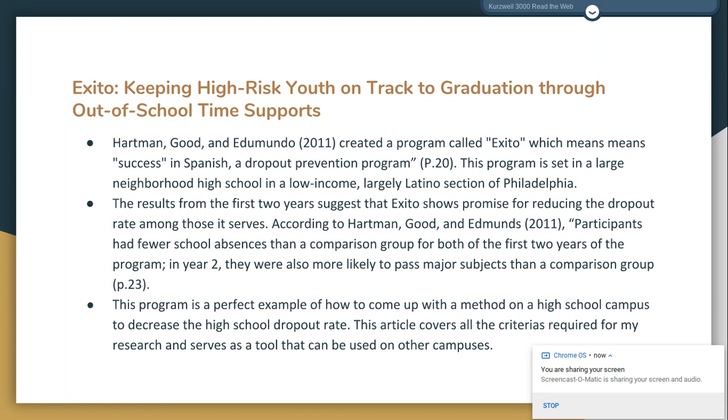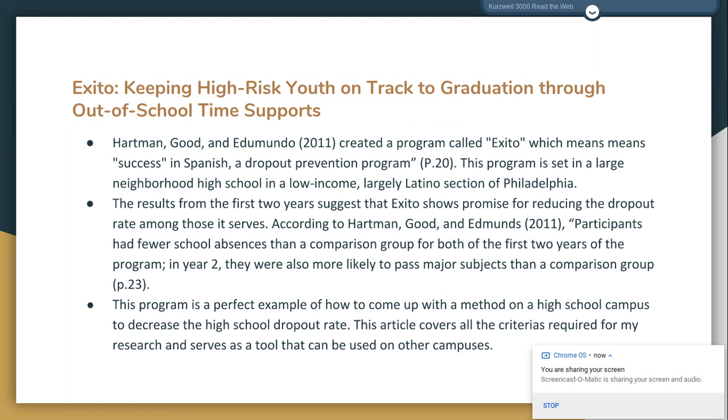This next article was wonderful because it took a program that was in a Latino area with low socioeconomic situations, and it created an after school program that tried to target students in order to keep them from dropping out.